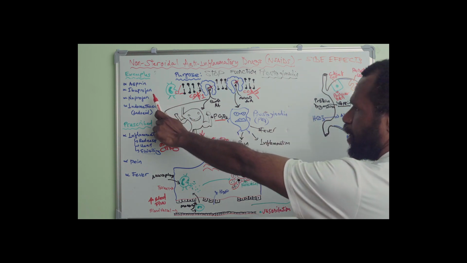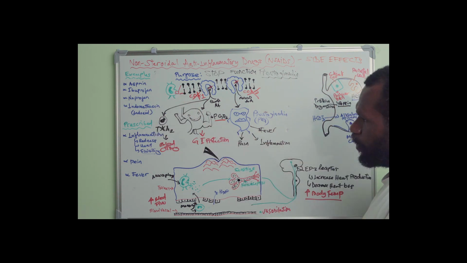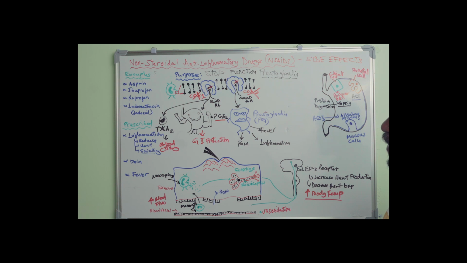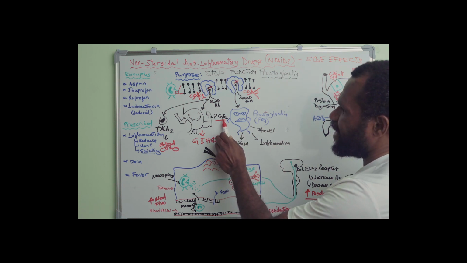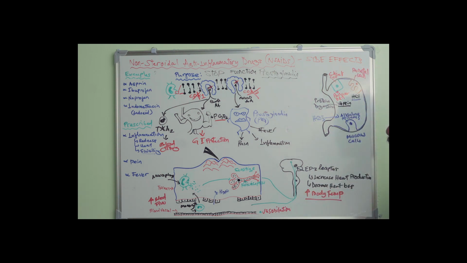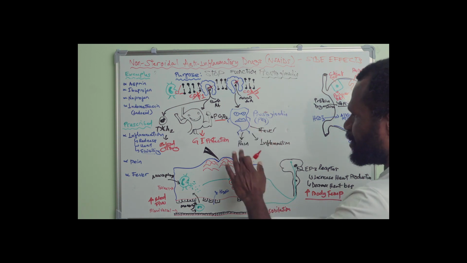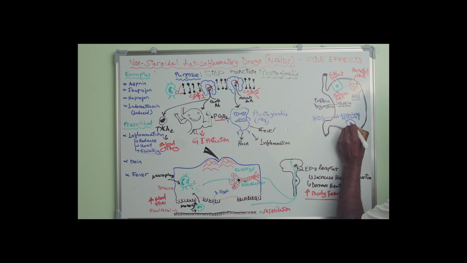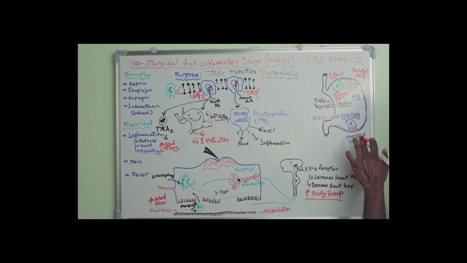But these NSAIDs like aspirin and ibuprofen will also block the COX-1 enzyme, cyclooxygenase type 1. When they block this one, then there won't be prostaglandin E2, or they will reduce the amount of prostaglandin E2. When that happens, the function of this prostaglandin E2 is to stimulate these mucus cells to secrete the alkaline mucus.